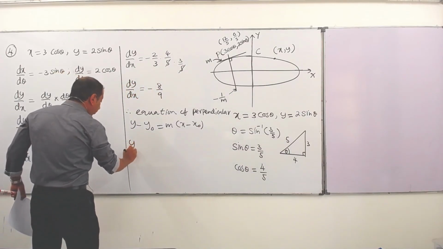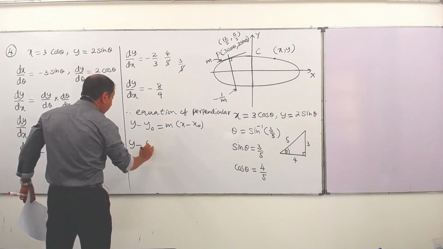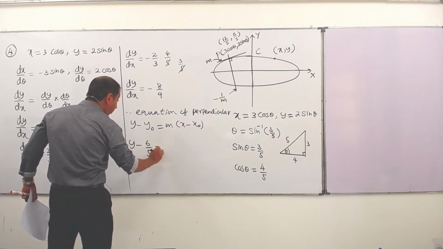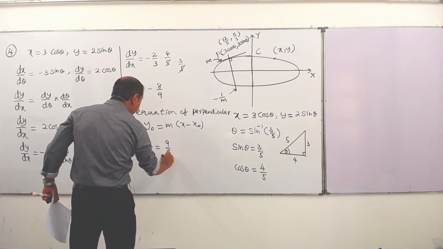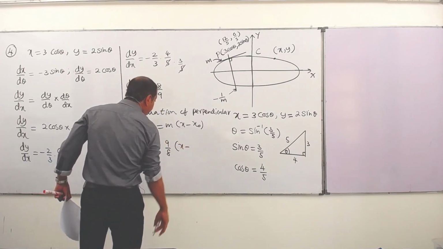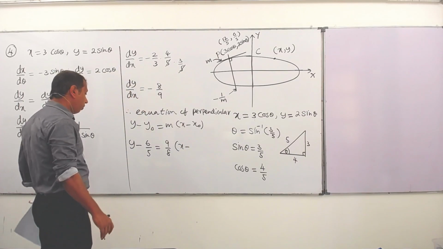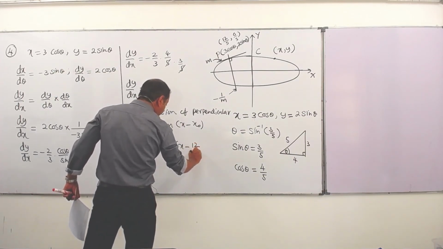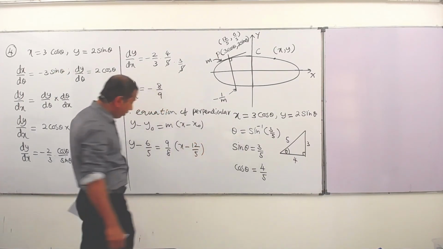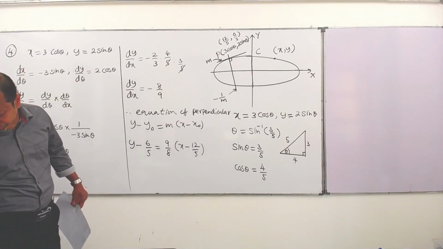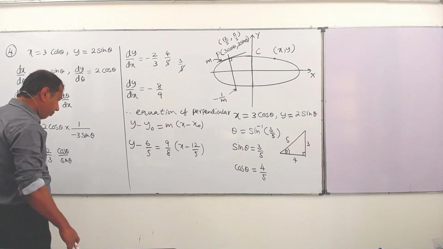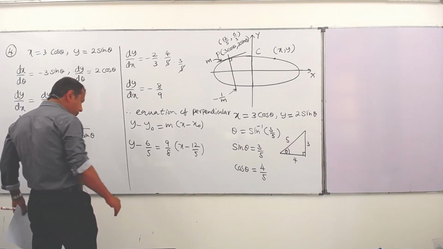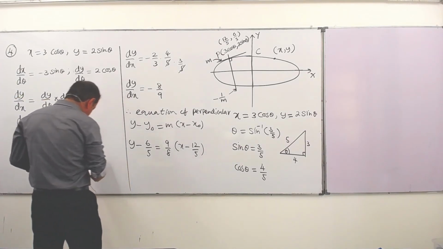Then y minus y naught is 6 upon 5, equals the gradient, the reciprocal of this with a minus sign, times (x minus x naught), 12 by 5. Now when we simplify this, we get the answer.